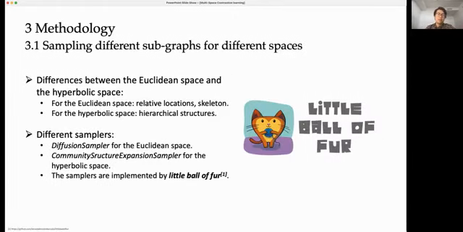Then let's step into the details of the proposed methodology. The first is a subgraph sampling strategy. There is a major advantage of the hyperbolic space, which is that it takes a smaller space to accommodate a given graph with complex structures.